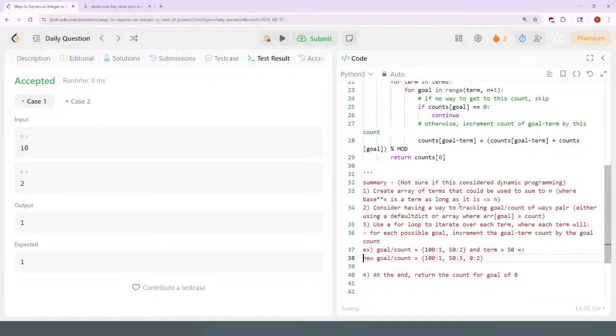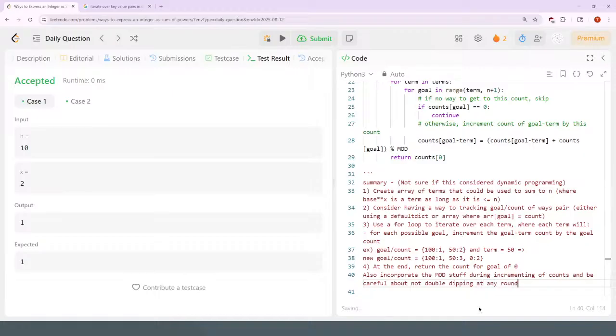However many ways you get to 0 from this decrementing is your answer. Also incorporate the mod while incrementing counts. And be careful about not double dipping at any round.